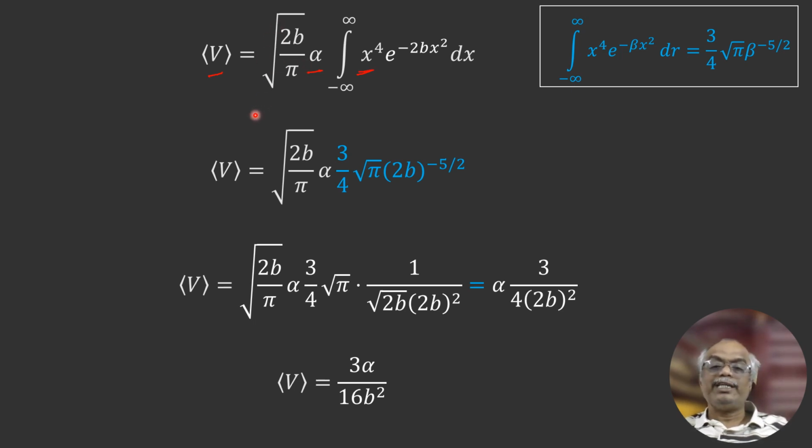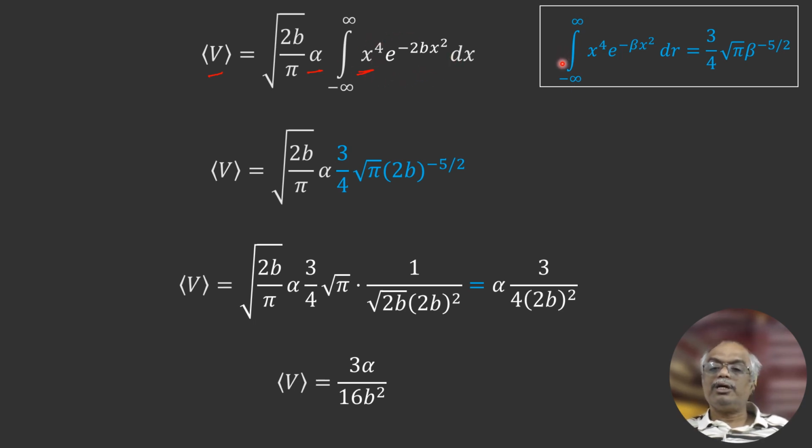Then we have to find the expectation value of V, that is modulus A squared, which is equal to square root of 2p over pi, we know. Then we have to find the expectation value for alpha x power 4. Alpha I am taking out as it is a constant, and x power 4 inside this integral.